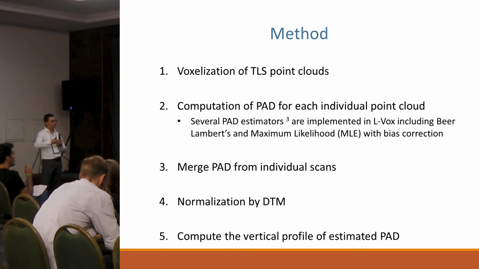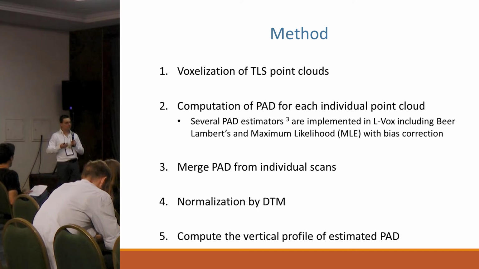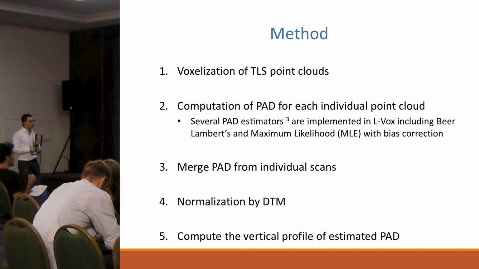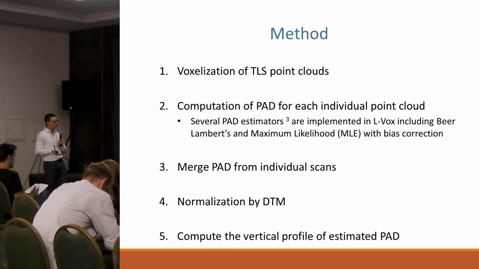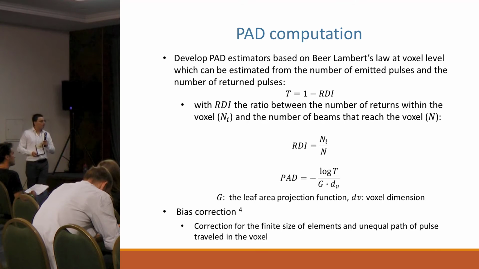Then we merge the PAD from individual scans with a weighted sum of the individual PAD. In our case, the DTM was not really a critical issue because our site was flat, but we apply normalization with the DTM for that and compute the vertical profile of estimated PAD.